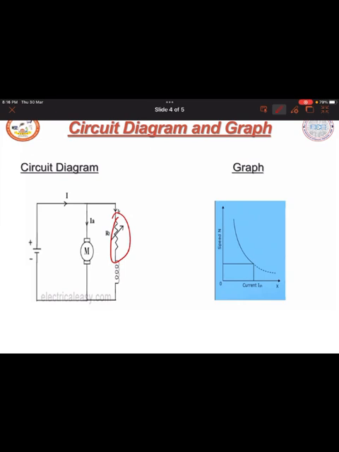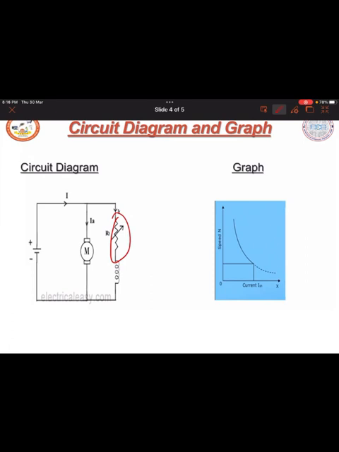If the rheostat is kept at the maximum position, it will limit the current flowing through the field winding. Your flux depends on the current, so as we can control the current, we can control the flux. By controlling the flux, we can vary the speed.